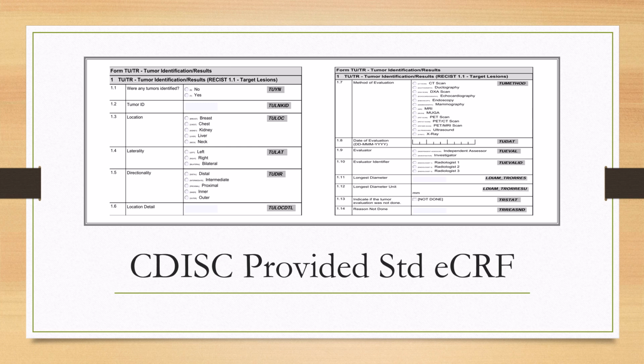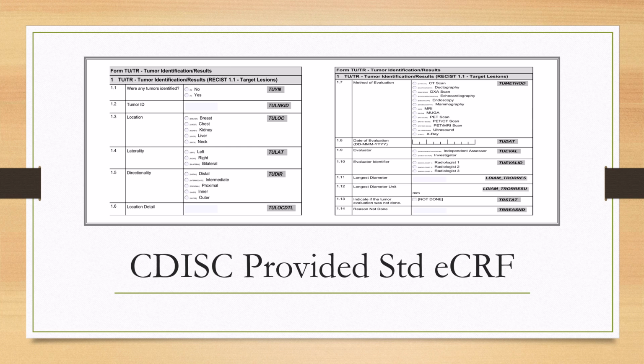In other words, suppose a particular tumor was identified using a CT scan. In this scenario, there will be a procedure record in the PR domain that the subject has undergone a CT scan, and we will have the date of evaluation and all that in our PR domain. We can relate this record in PR with our record in TU, where TUMETHOD will have the information of CT scan, and we can create a RELREC for this particular relationship.